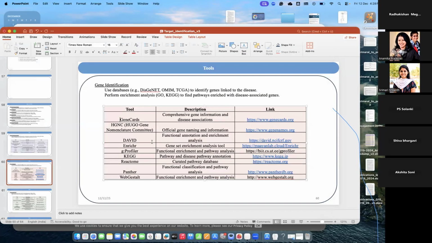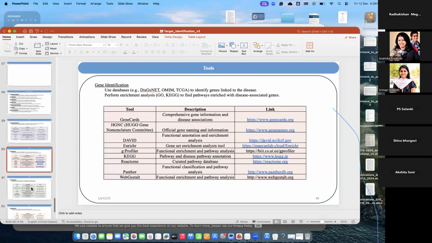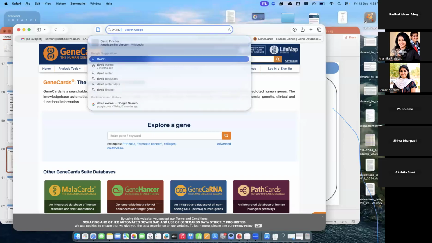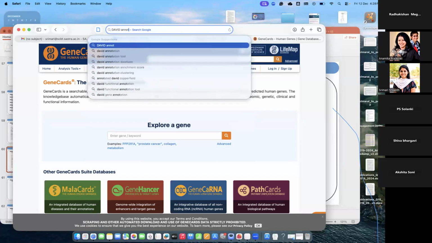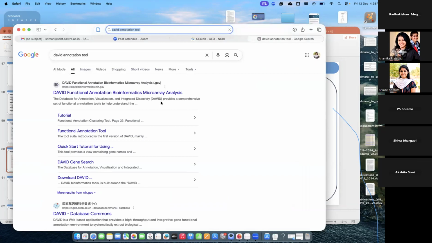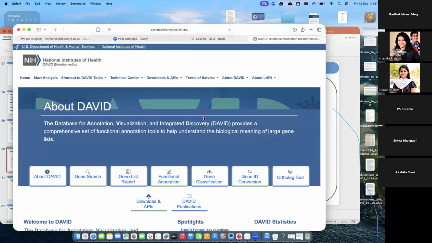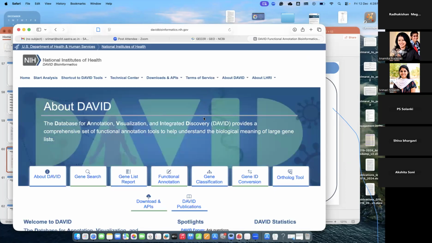And the next one is HGNC. We know that PANTHER, maybe I will come to this in the gene enrichment analysis. So DAVID. So we can use these tools once we have the gene list, either from differentially expressed genes, from analysis, or from literature.